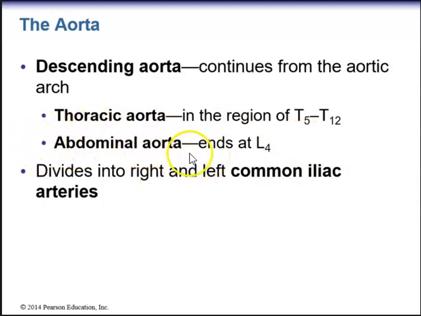The abdominal aorta will end at L4. At L4, the abdominal aorta will then bifurcate into right and left common iliac arteries. Okay, so that is the basic structure of the aorta coming from the heart, specifically the left ventricle of the heart.